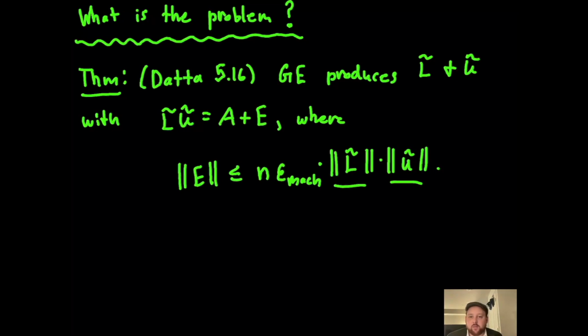That depends on something possibly very, very large, right? As the entries of L and U grow, so will these two norms. That's the relationship. That's the problem: you're unable to prove what we would want to prove, which is backward stability for Gaussian elimination. You can't prove that because it's not true. It's not a stable algorithm.